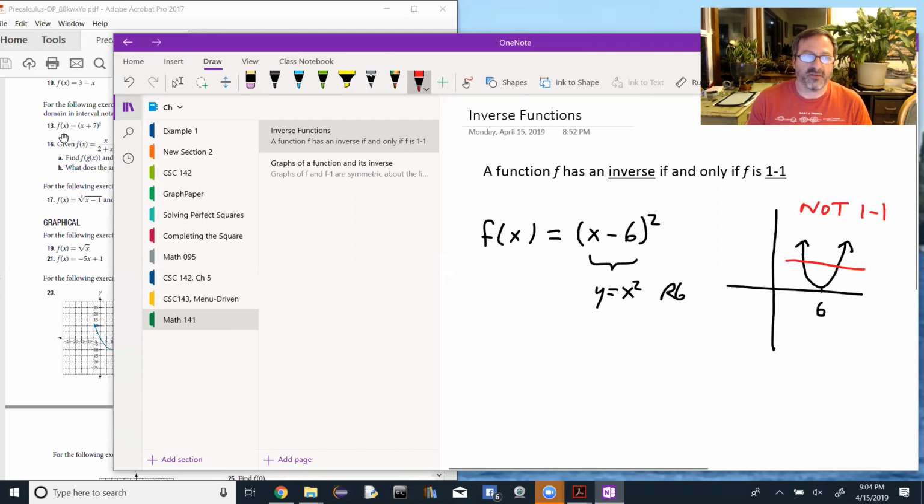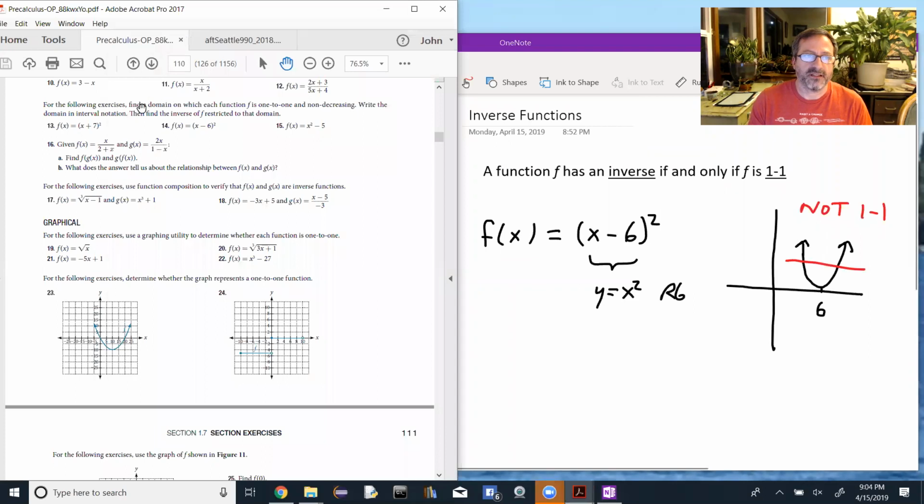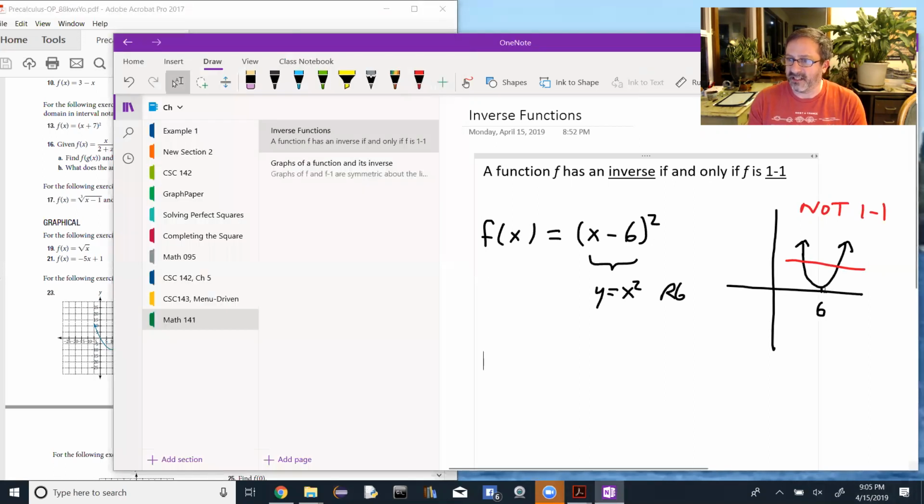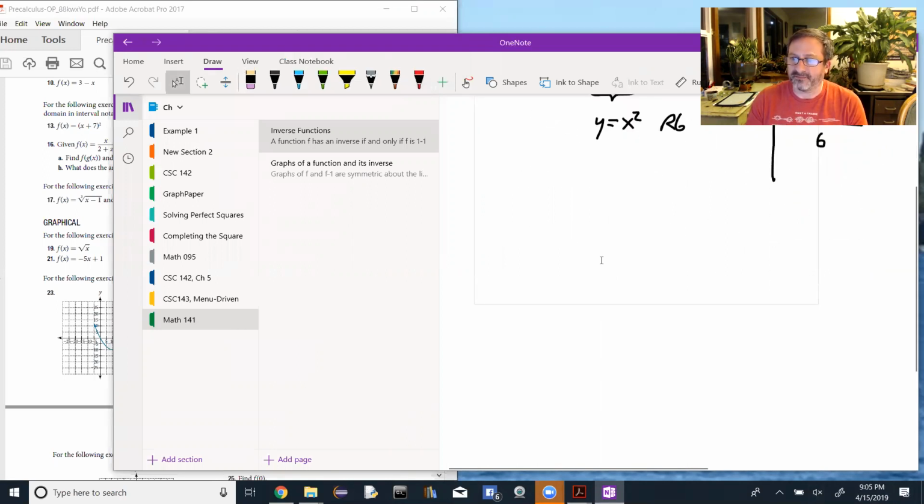So if we go back to this homework, what are they talking about here? They want to find a domain on which the function is one-to-one and non-decreasing, or think of non-decreasing as increasing. So on which domain is f increasing? Well, f is increasing from 6 to infinity, but it's non-decreasing on just that closed interval from 6 to infinity.